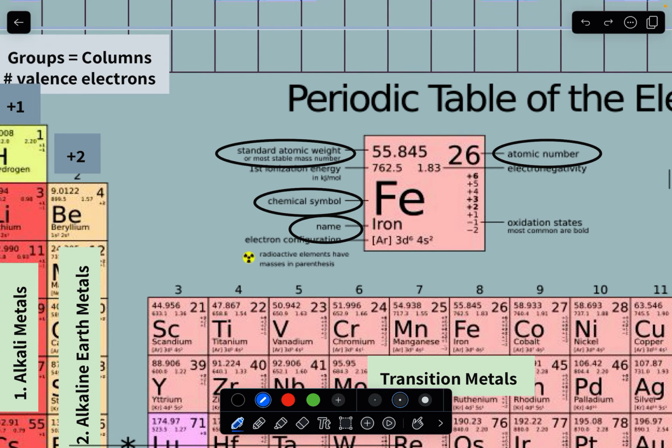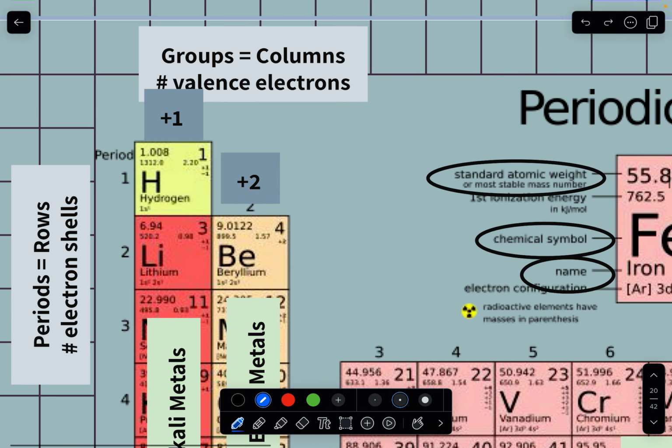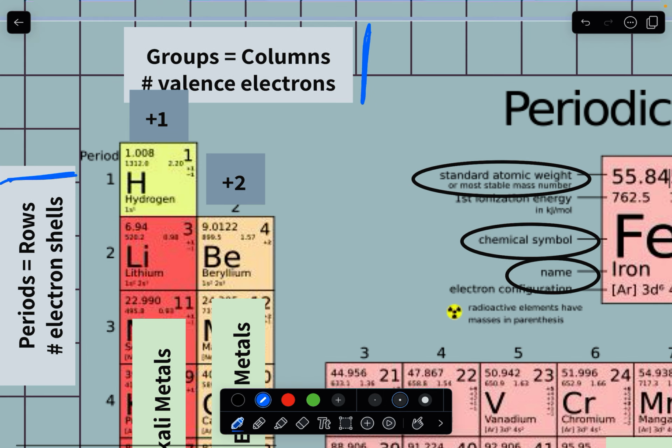Okay. And remember, with periodic tables, our groups, so these are up and down, they're called the groups, the columns. That tells you how many valence electrons there are. The rows, the left and right, are called periods. That tells you the number of electron shells. So what I mean by that is, here, you see that 2 there? That means beryllium. So if I draw beryllium out, you have the nucleus.